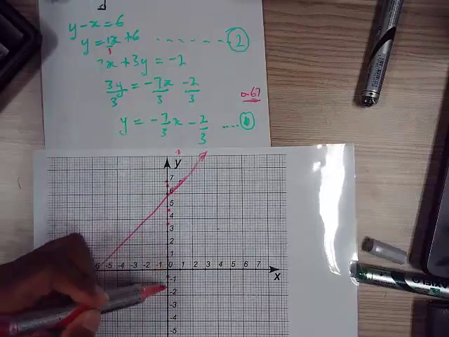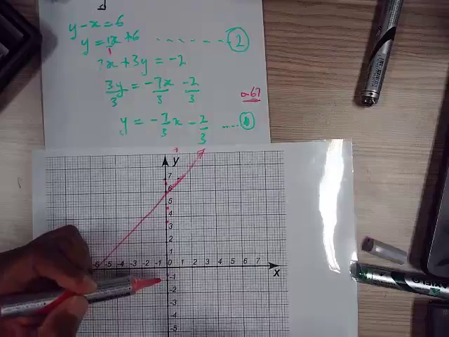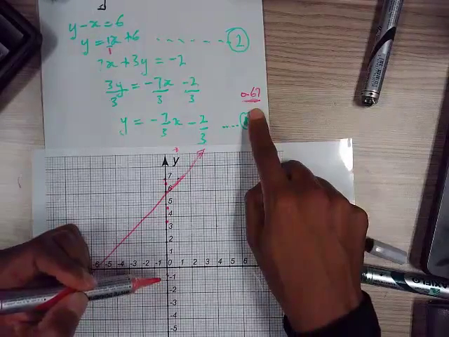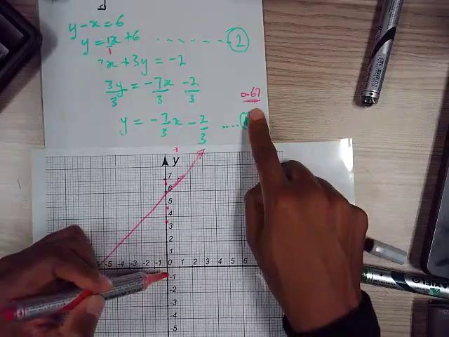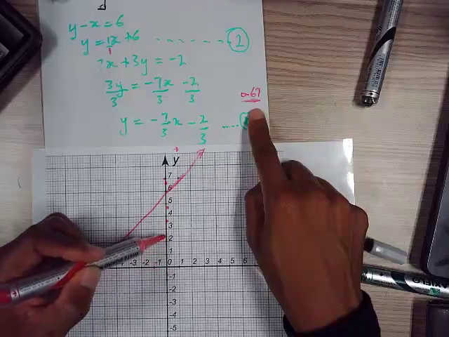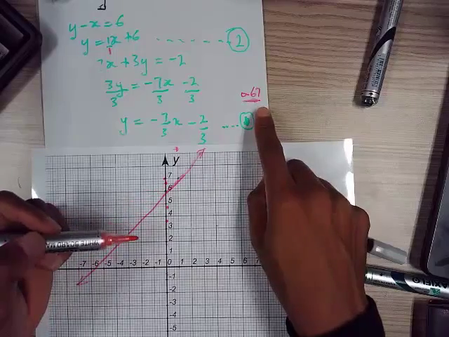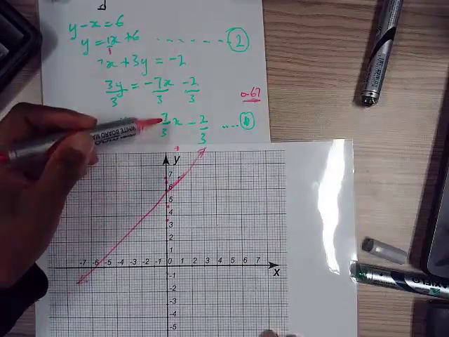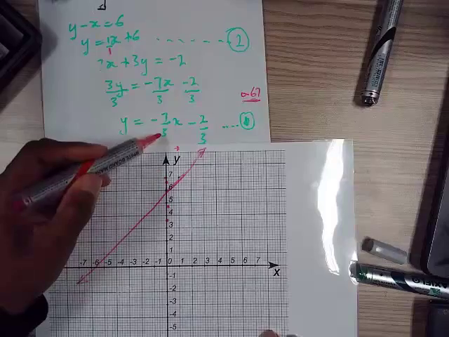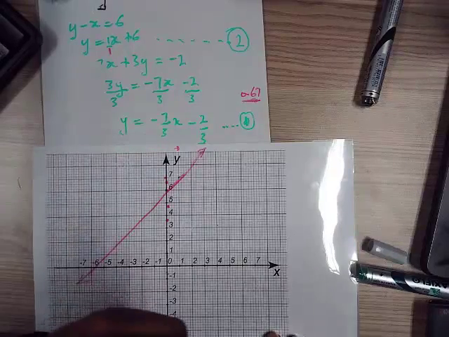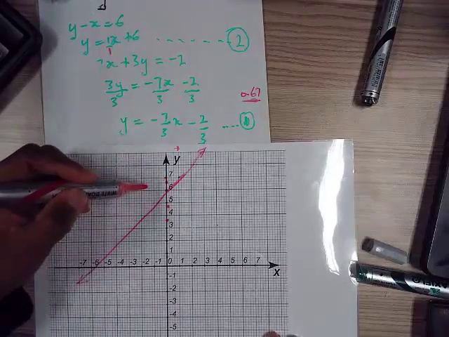So it's negative 0.67. 1, 2, 3, 4, 5, 6, 7. All right. So you went up 7 times, and then now you go 3 times to your left.